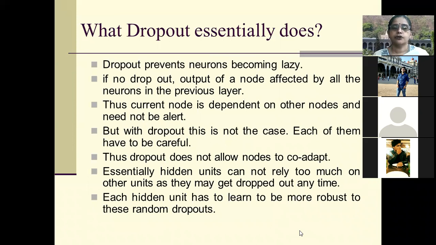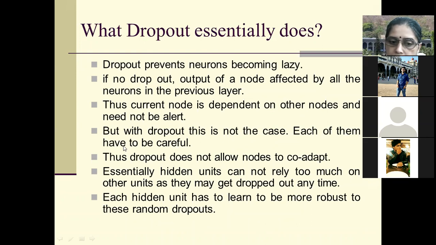So what does dropout essentially do? Basically, it prevents neurons from becoming lazy. If there is no dropout, the output of a node is affected by all the neurons in the previous layer. Thus, the current node is dependent on other nodes and need not be alert. But with dropout, this is not the case.